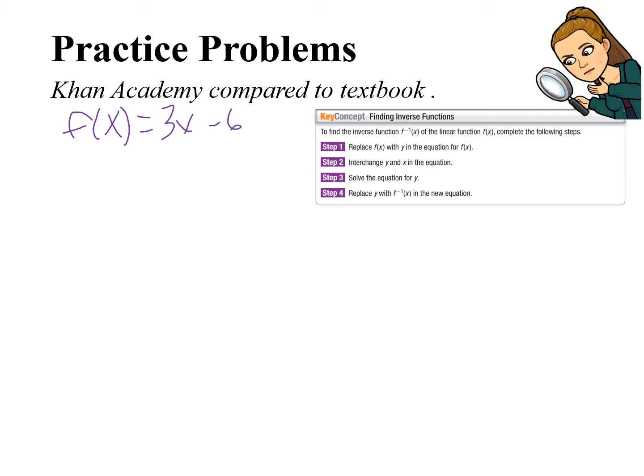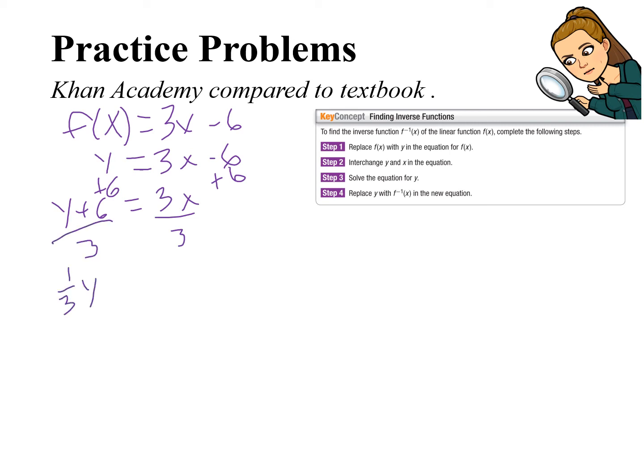Well, Khan Academy, the first thing they do is, now we're talking about it, y equals 3x minus 6. And the next thing we want to do is get x all by itself. So we're going to add 6 to both sides, and I get y plus 6 equals 3x. Then I'm going to divide by 3, and I get 1/3 y plus, well, 6 over 3 gives me 2, equals x.